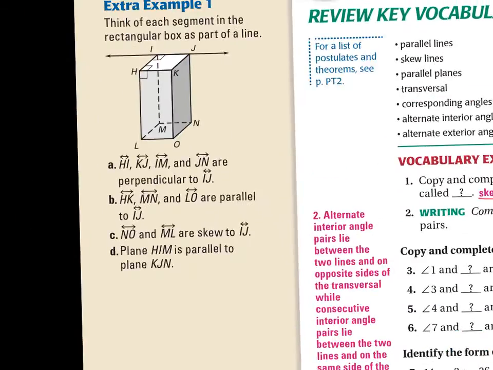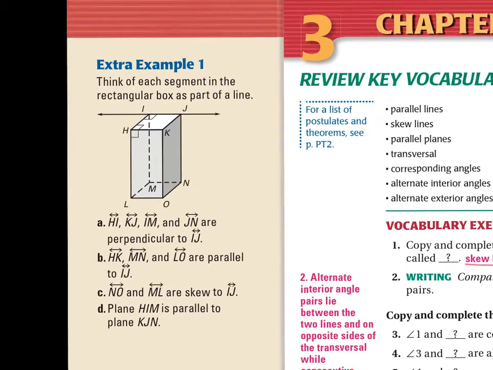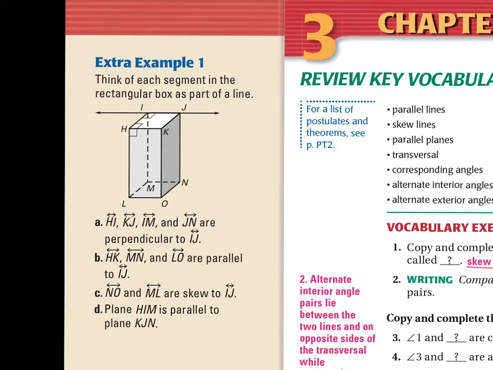Here's just a quick extra example. So if you were to see it like this, if you could identify what's perpendicular to IJ, which would be HI, JK, JN, and IM.